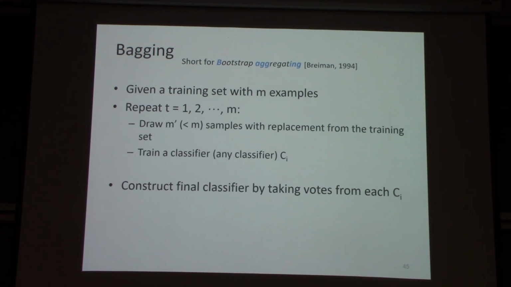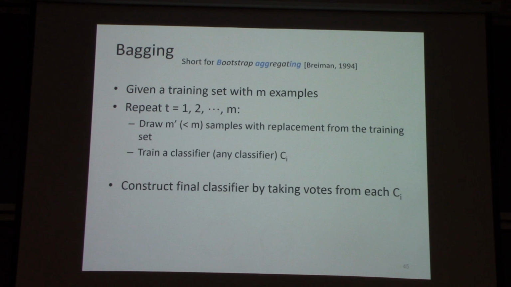Another ensembling algorithm is called bagging. Bagging is short for bootstrap aggregating. It's from Leo Breiman. It's a very simple algorithm. The input to bagging is a data set and a learning algorithm that can produce a classifier.